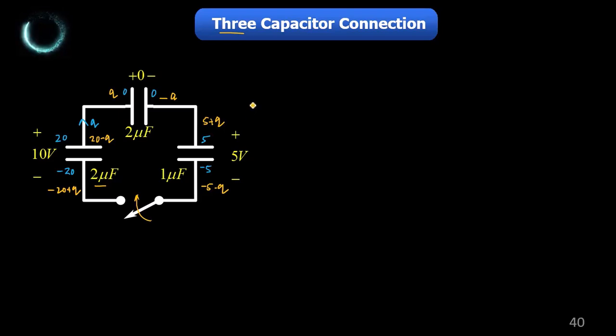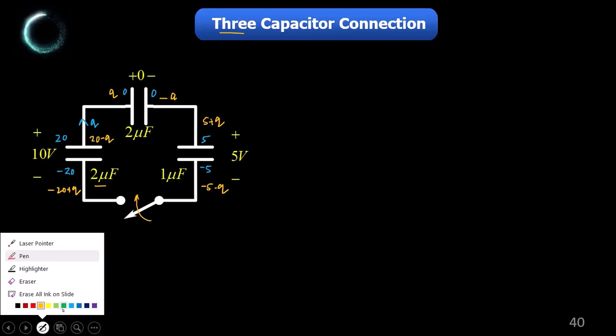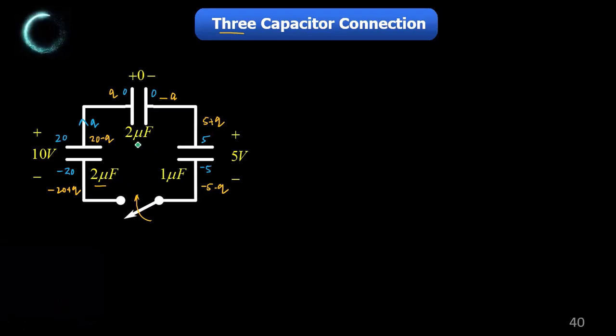Now you have to write the net potential drop. If I move along a loop, inside the capacitor moving in this direction and then this direction, then whenever I move across a 2 microfarad capacitor, I am moving from the positive to the negative end. Let us say the potential drops are V1, then V2, then V3. Writing the potential equation, from V1 I move from positive to negative, so the potential drops, minus V1.